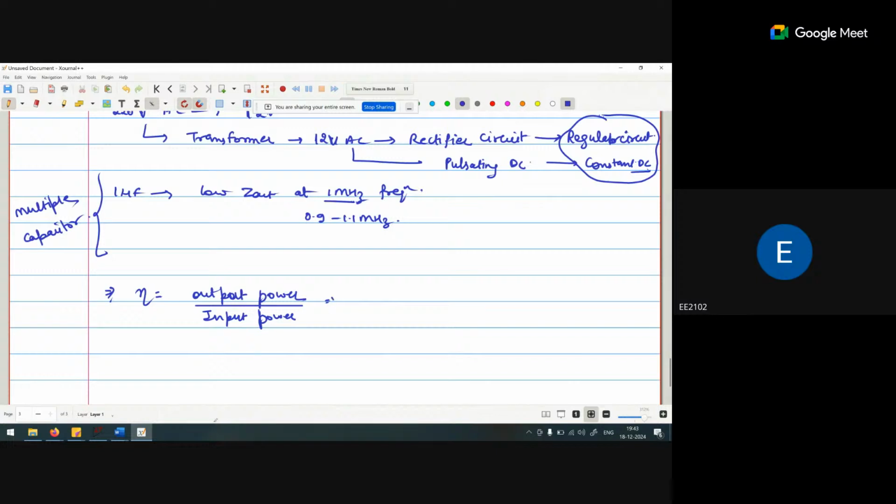So the output power is the voltage multiplied by the current, V out multiplied by I out, upon V in multiplied by I in. That is the efficiency.